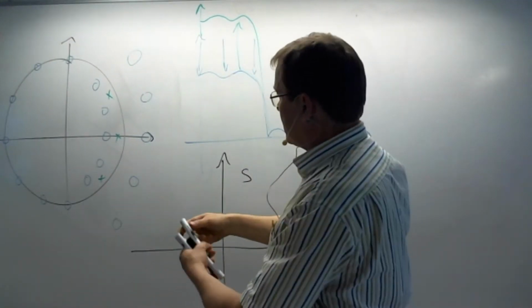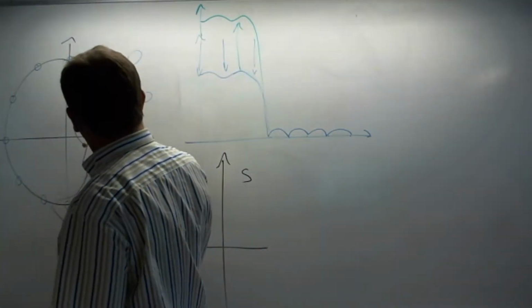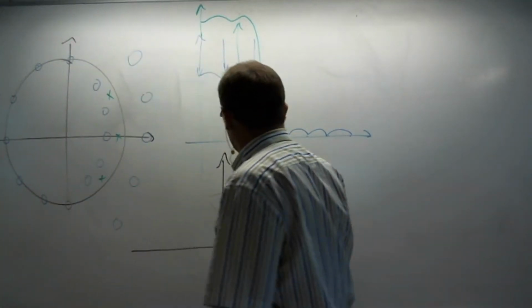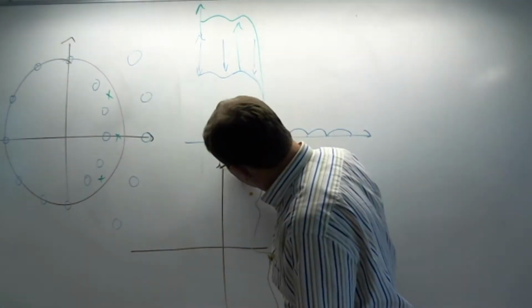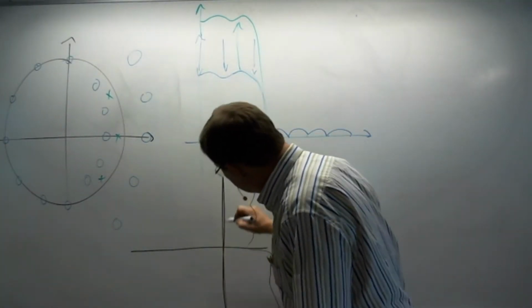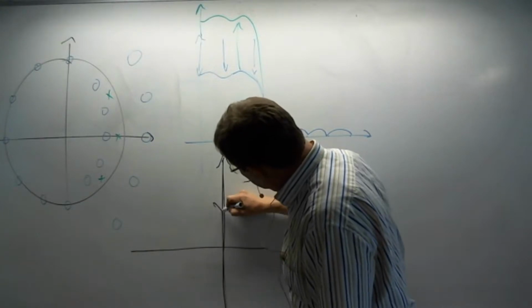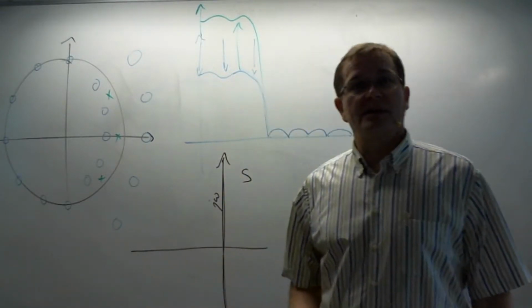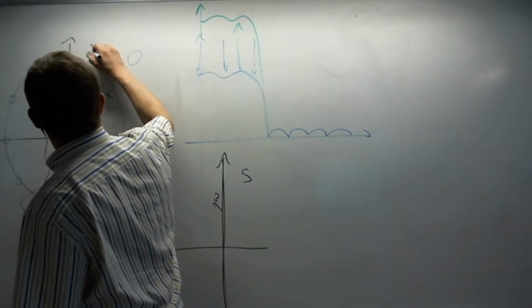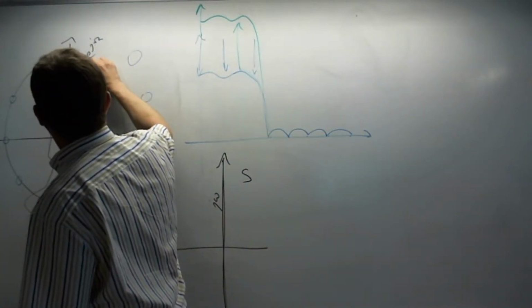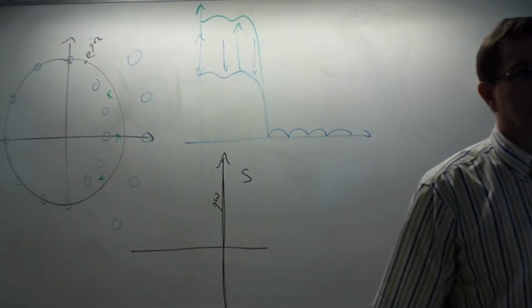While the digital frequencies are on the unit circle, on the S plane the analog frequencies are actually on the j dimension. That's where the j omega is. Here we had the point e to the j omega, digital frequency.